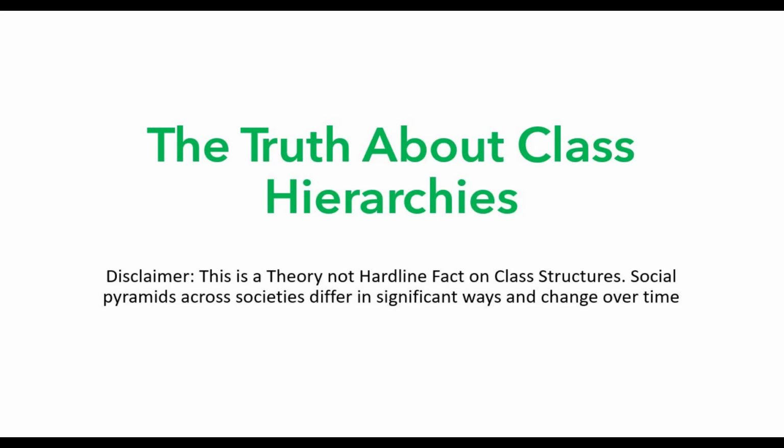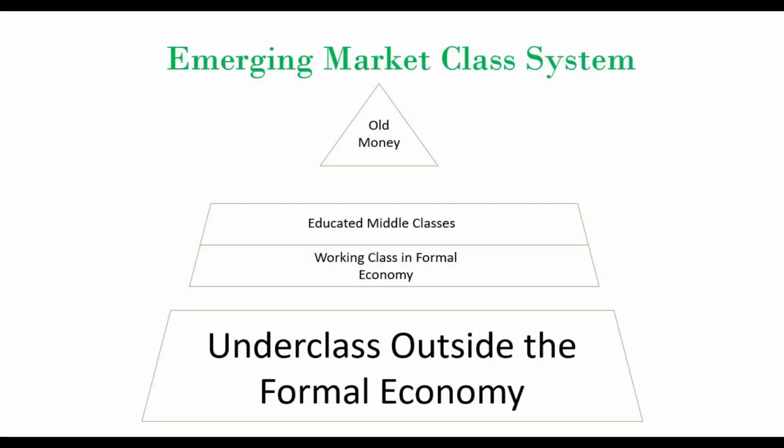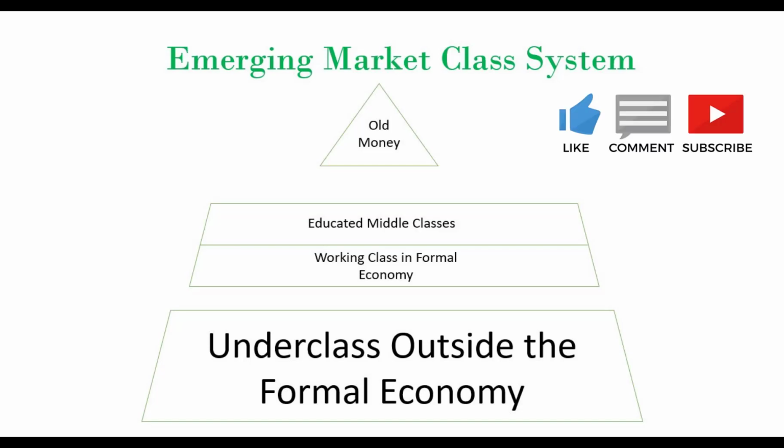So emerging markets, I'm referring to relatively democratic societies that are not at the level of development of an OECD country or a developed economy, which by my definition is a country that has a GDP per capita of more than $35,000 USD in 2022 dollars. So these emerging market class systems, similar to the authoritarian regime, social mobility is rather limited.